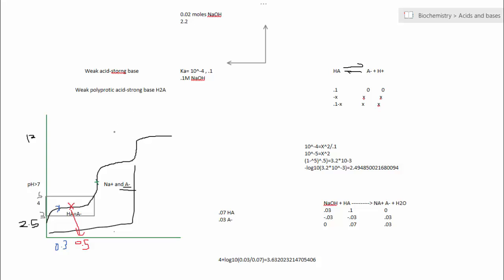Let's say that this diprotic acid has the first Ka, Ka1, equal to 10 to the negative 4, and the second, Ka2, equal to 10 to the negative 9, so that the second mid-equivalence point, or the second inflection point here, will have a pH of 9.